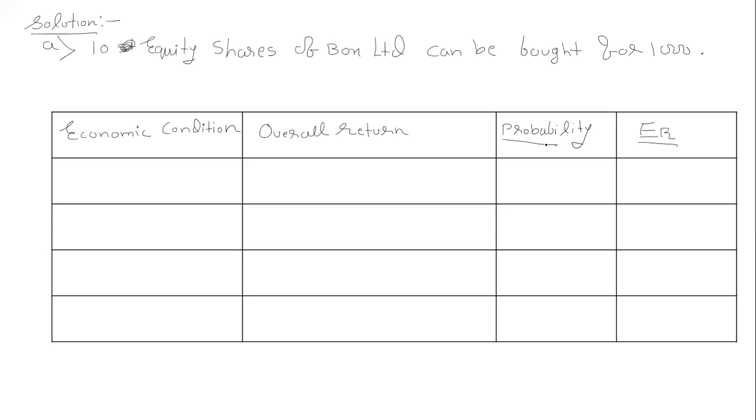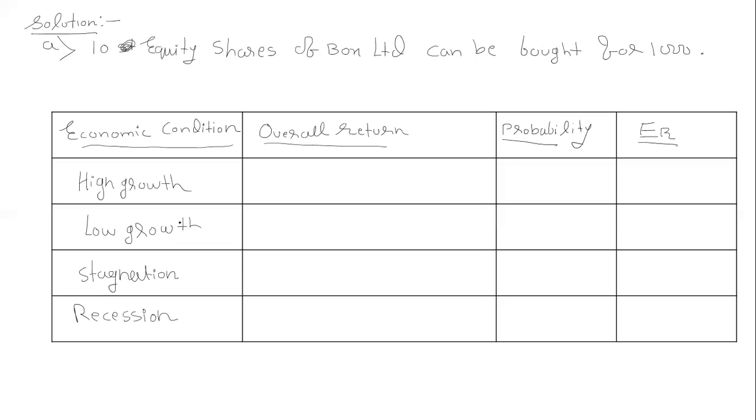Okay, expected return. So the above data is already given to us. Let's take it. We have high growth, we have low growth, then we have stagnation, then we have recession.